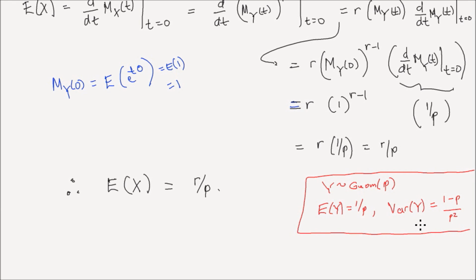What I'm going to show now is actually the variance of a negative binomial distribution is r multiplied by the variance of a geometric distribution. Let's show that.